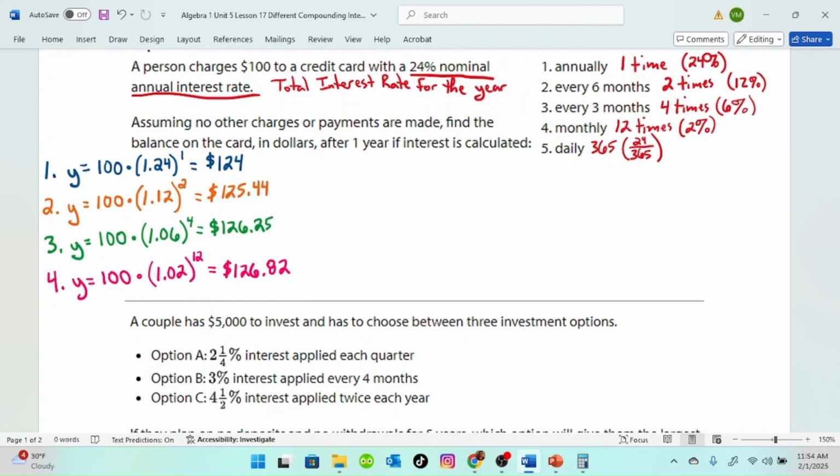And now with our last one, number 5, Y equals the initial $100 times, we would be taking the 24% interest rate and we would be dividing it by 365 because there's 365 days in the year.